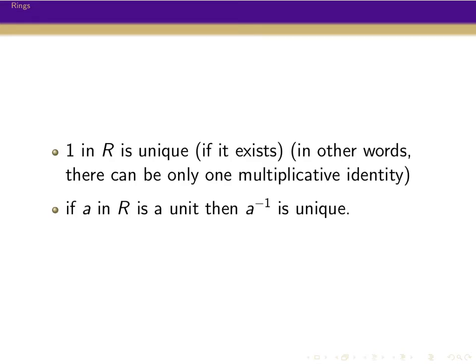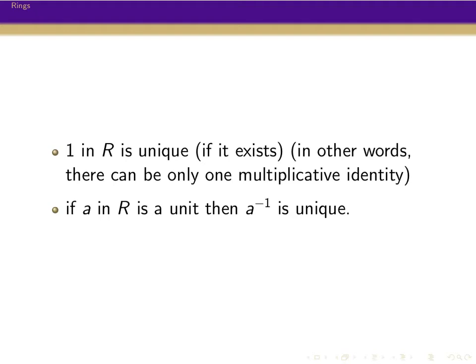So some other things are true that we have proved early on. We proved this really in terms of groups, and so I'm not going to rewrite the proof right here, but one is that if a ring has a multiplicative identity, so if it is a ring with unity, then that multiplicative identity is unique.